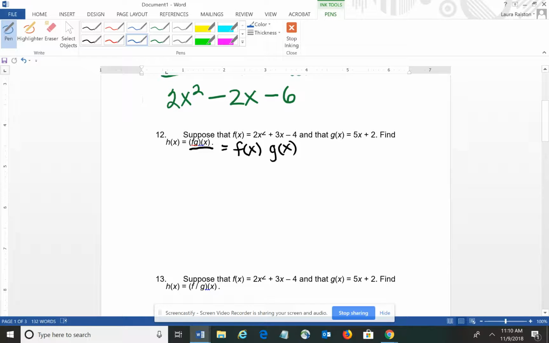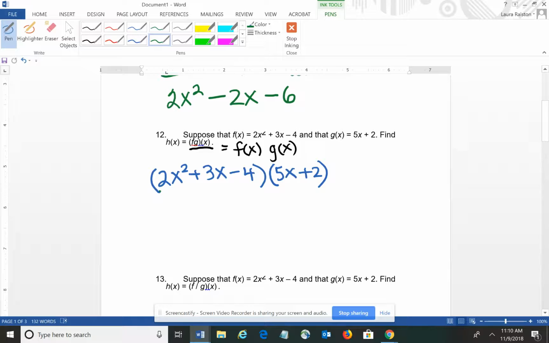So for function f, we have 2x squared plus 3x minus 4. For function g, we have 5x plus 2, and then we want to multiply those two things together. And we use the distributive property to do that.